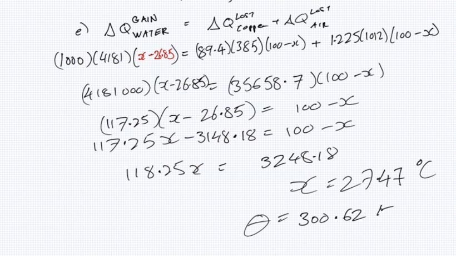So the water gained a tiny amount of energy or temperature, but this makes sense because 1,000 kilograms of water will require a tremendous amount of energy to heat it up, much more than a bit of hot copper and air can provide.